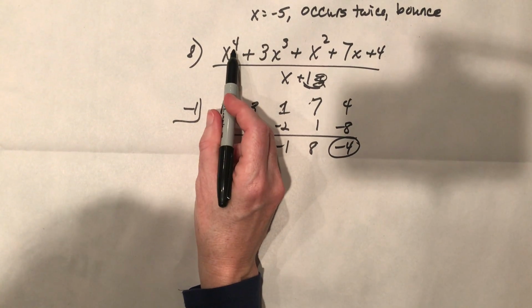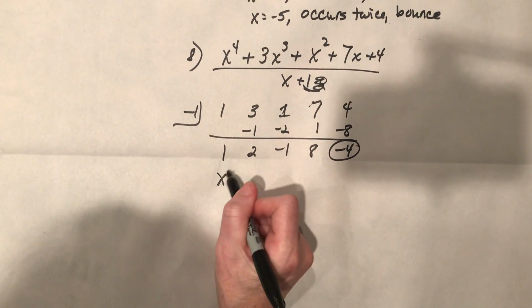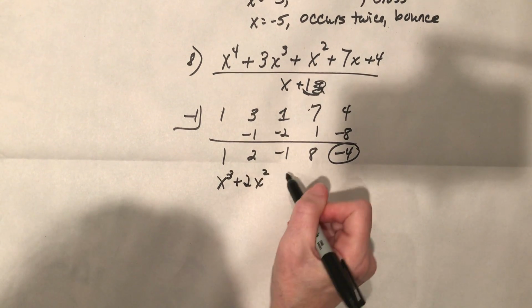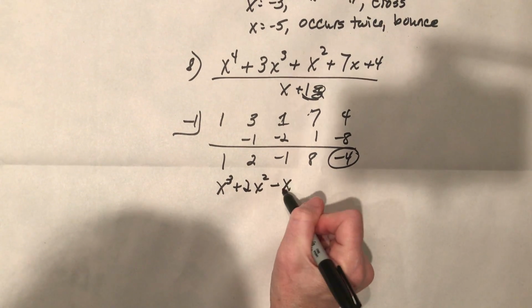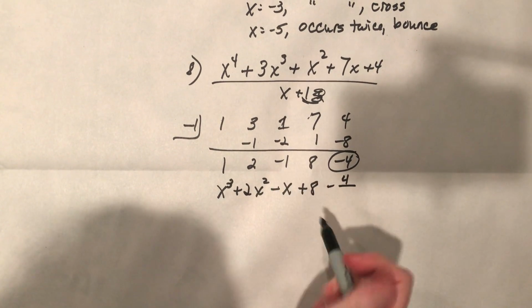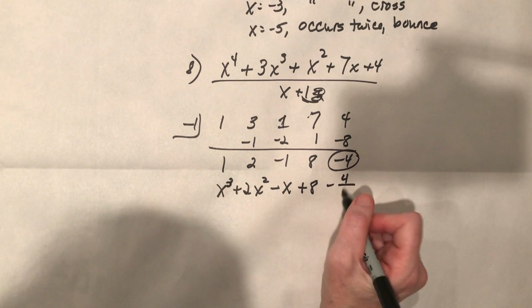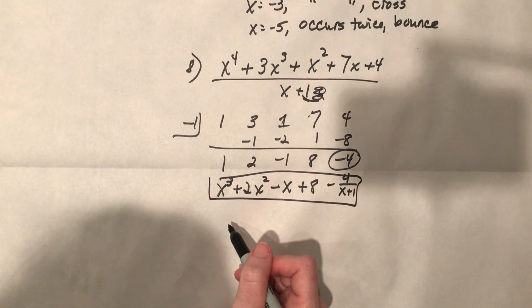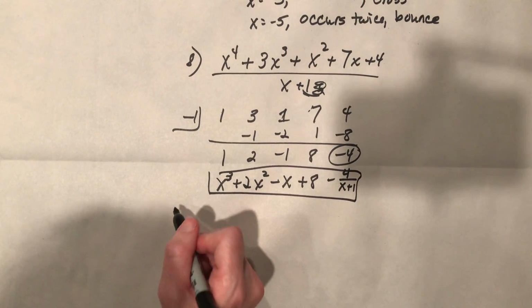So we started with x to the 4th. This will be 1x to the 3rd plus 2x squared minus 1x plus 8, and then we've got that remainder, 4 over, and we use our original denominator, x plus 1, and that's the answer. And that's all you're asked to do in number 8.